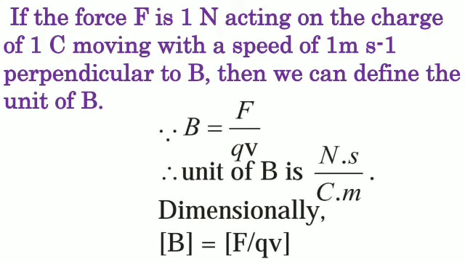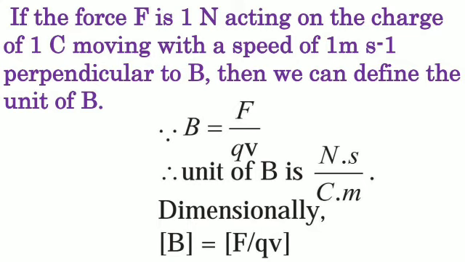So finally we can say that if the force F is 1 Newton acting on a charge of 1 coulomb moving with a speed of 1 meter per second perpendicular to vector B, then we can define the unit of B, that is B is equal to F upon QV, as I have already explained.